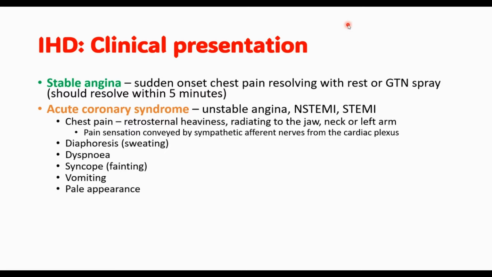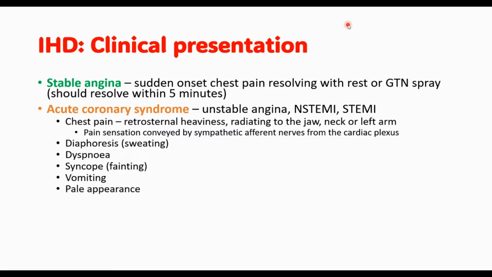This too can present with chest pain in the form of a heaviness behind the sternum, which can radiate, so move to the jaw, the neck, or typically the left arm. And this pain sensation is transferred by sympathetic afferent nerves from the cardiac plexus.